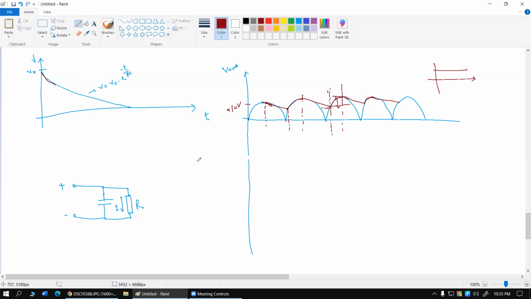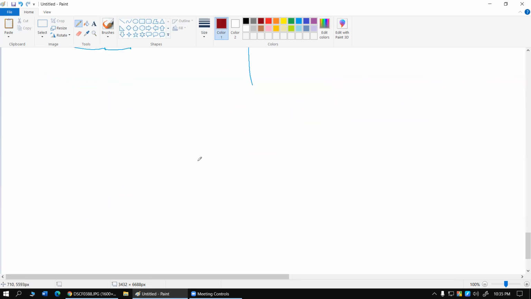Now notice one thing: if you recall from your capacitors chapter, you should remember that the discharge curve looks like this, an asymptote, not touching, so assume this is an asymptote.